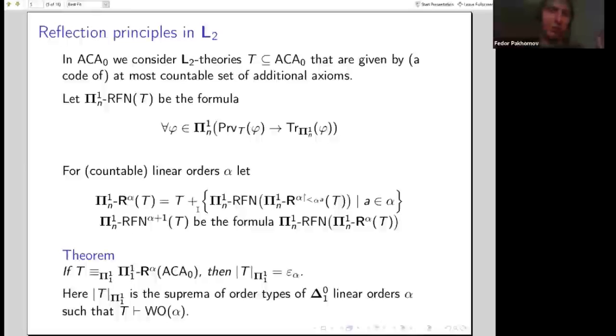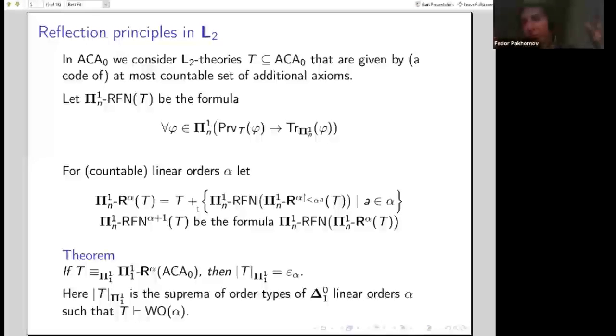Rather, we want to have iterations along arbitrary countable linear orders, so linear orders given by a set: a countable linear order, a subset of natural numbers with some encoded linear ordering.